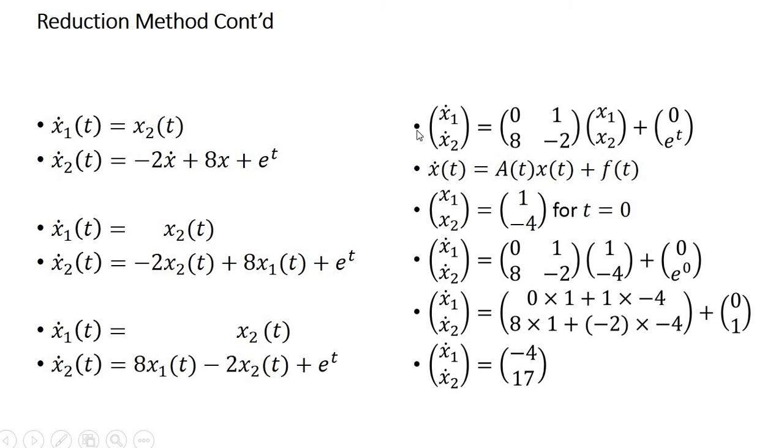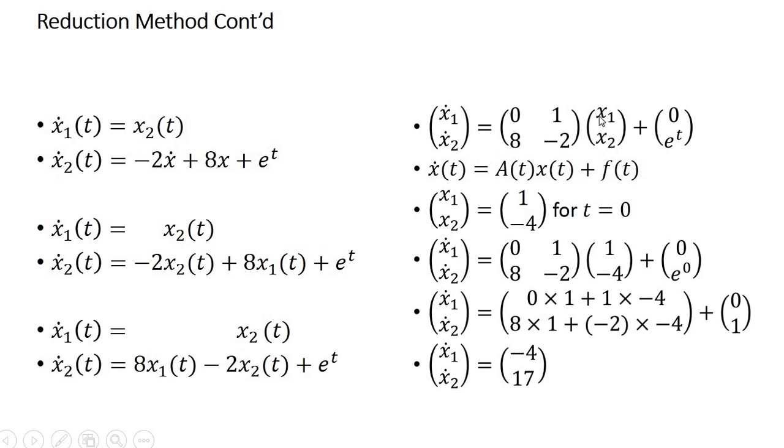So writing this in matrix form, the derivatives x1 prime and x2 prime equal the coefficient matrix with rows 0, 1 and 8, minus 2, multiplied by the variables x1 and x2.